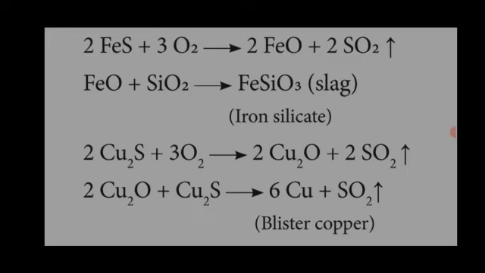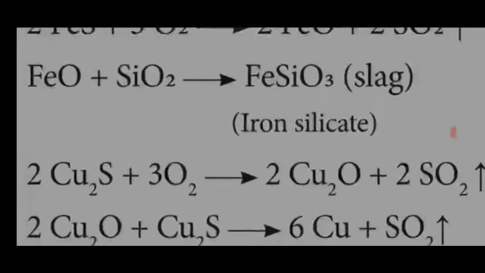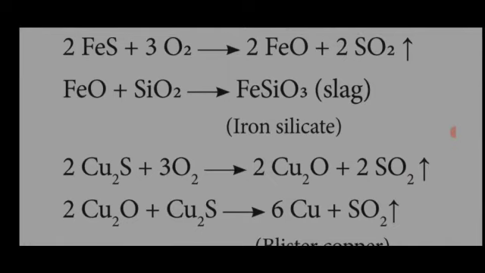This oxide of iron reacts with silica. The silica substance is silicon dioxide, formula SiO2. The silicon dioxide reacts with FeO to form a slag substance. This is one of the impurities. These impurities are removed as slag. The impurity's name is iron silicate.